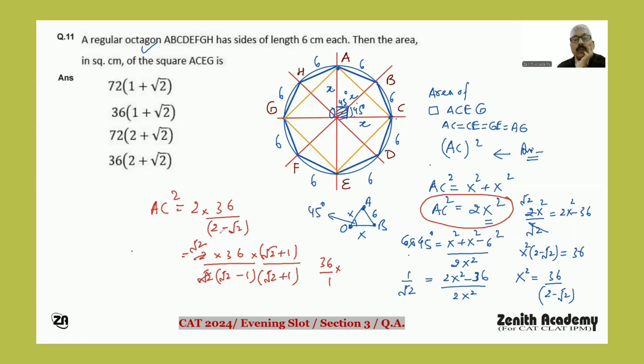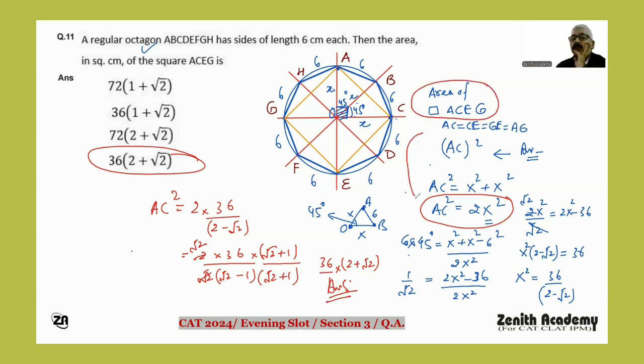Multiply inside the bracket, it becomes 2 plus root 2. So here our answer is 36 into (2 plus root 2). This is our answer, and this is the area of ACEG. Okay, so this is your answer.